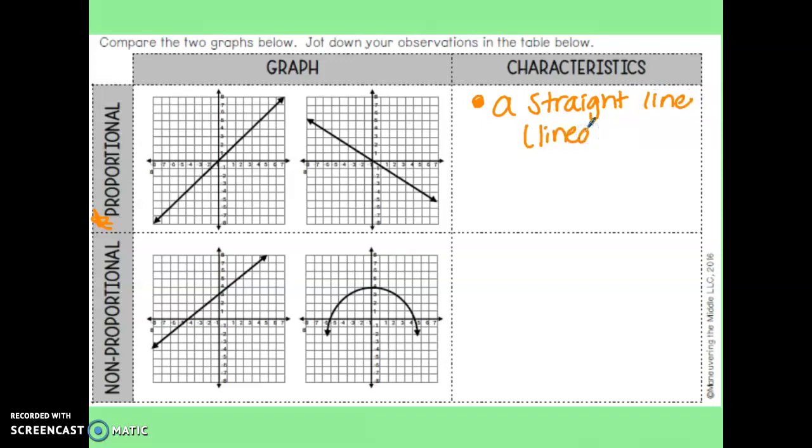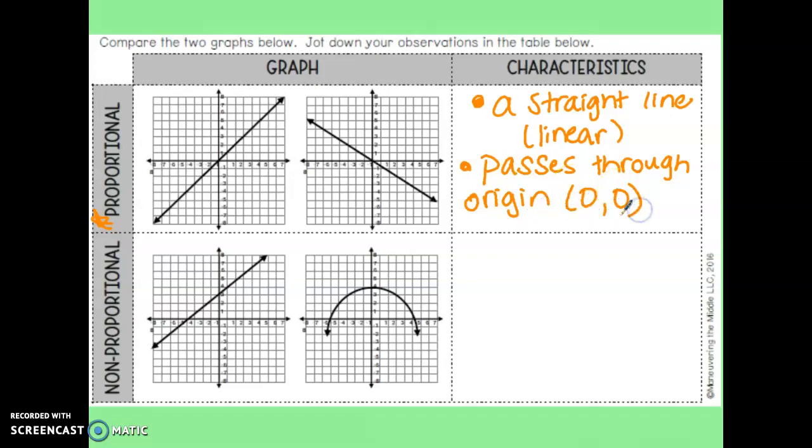Linear has the word line in it, so that should help you. And it passes through the origin, which again is that point 0, 0. We can see that is right here. That is our origin where it's passing through. All right, and then we have our non-proportional.